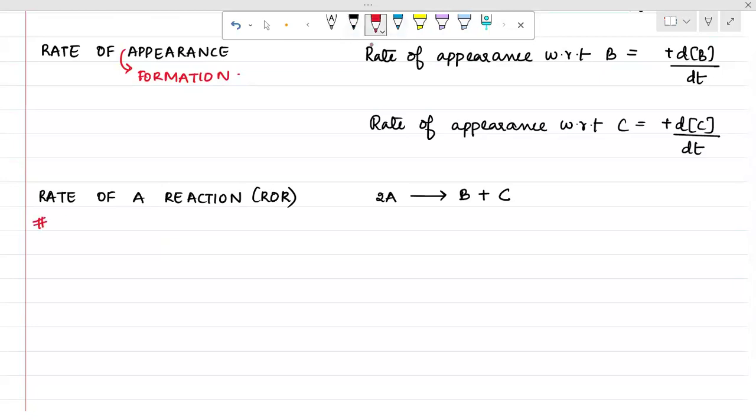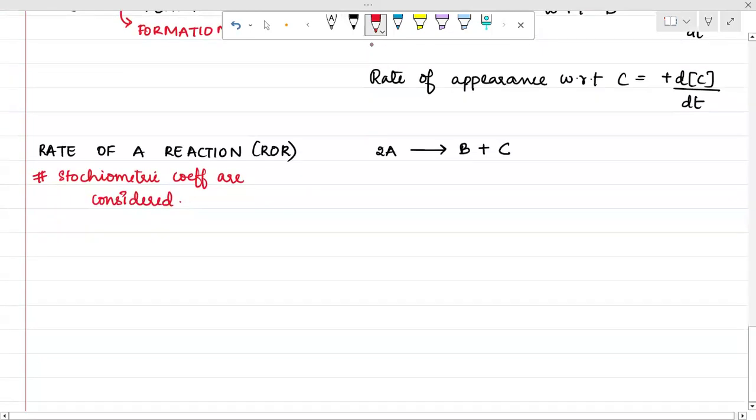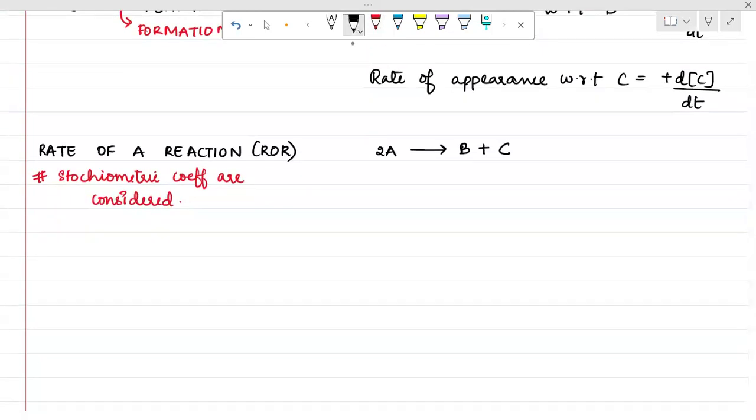Stoichiometric coefficients are considered. How are they considered? The rate of the reaction, ROR, with respect to A, you have to take the reciprocal of the stoichiometric coefficient, which is 1 by 2 into, A is on the reactant side, so minus changes of the concentration of A with changes in time. That's it.